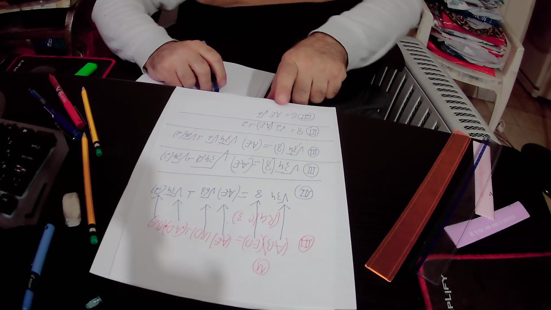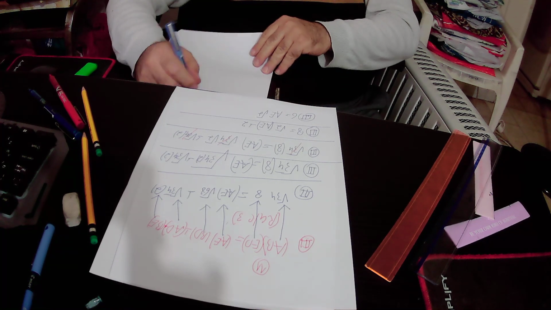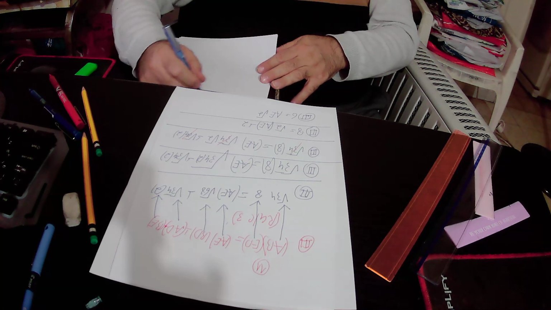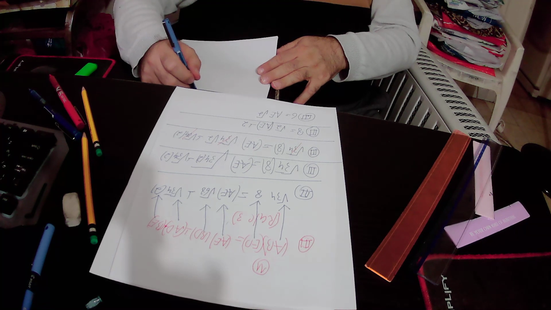So here we will divide this equation by square root of 2, and we will get that AE equals 6 over square root of 2.